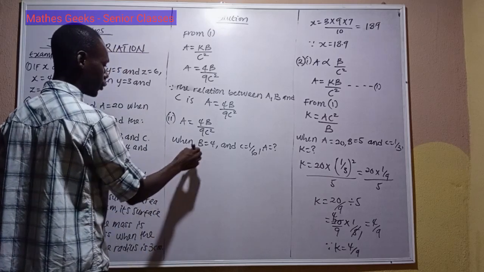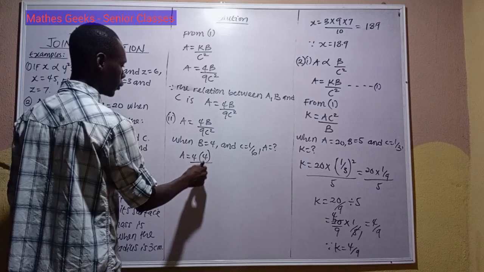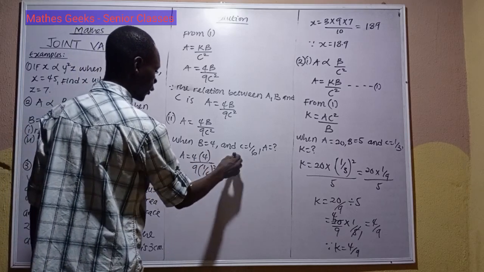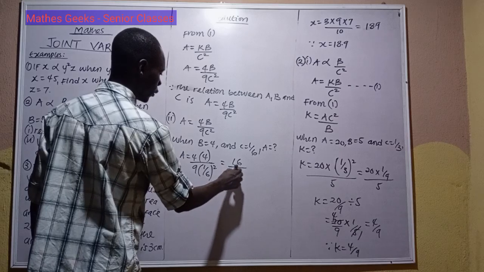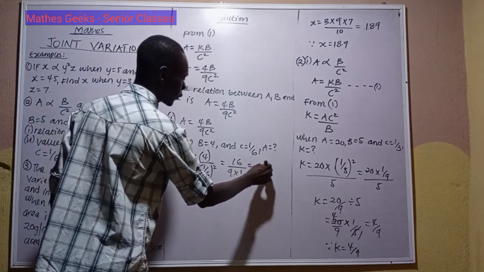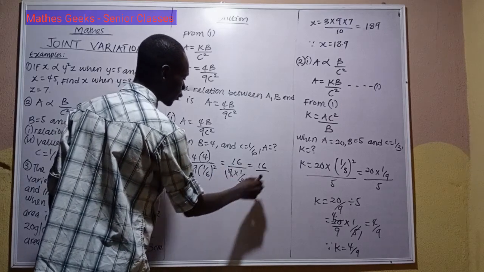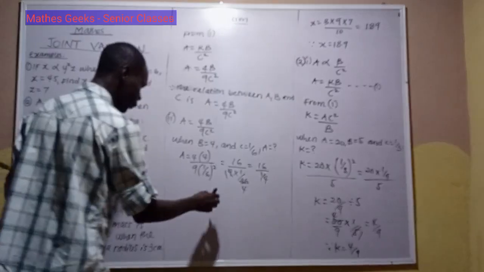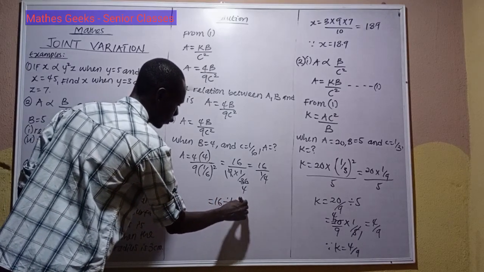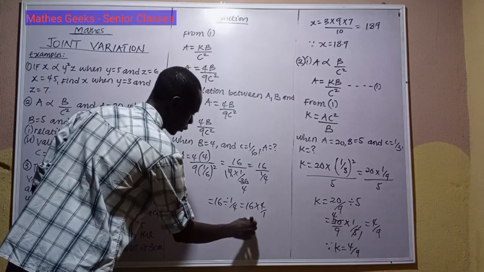A is equal to 4 times 4 over 9 times 1 over 6 squared. 4 times 4 is 16. 9 times 1 over 6 squared is 1 over 36. 1 times 1 is 1 over 4. And 16 divided by 1 over 4 is 16 times 4 over 1. That is equal to 64.